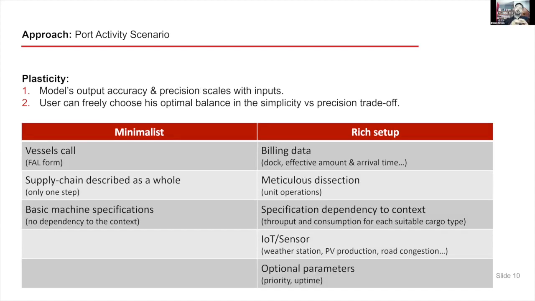If you have only a minimalist setup, you have only vessel calls, so expected arrival and departure times. You describe all your process as one big step, a long step, without any detail. Even for the machines, you merge every machine and you say, okay, this is my virtual big machine that merges every machine specificity. On the other hand, if you want, you can go to a really detailed description of your activity.